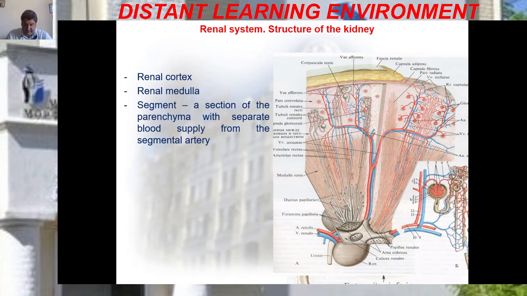In the region of the renal sinus, the veins are in front of the arteries. The kidney therefore contains two capillary systems. You may see two of these systems here.